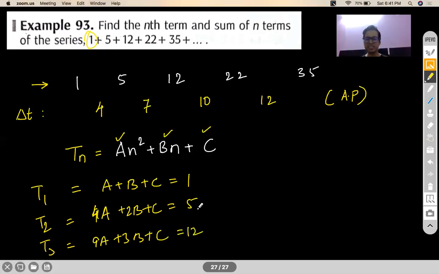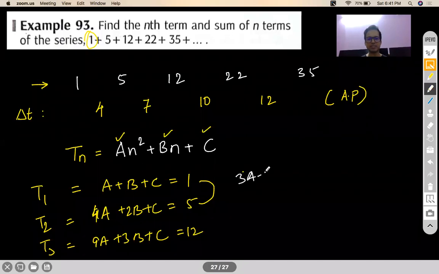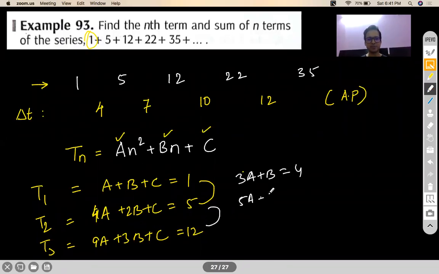Now, many of you would be thinking, 3 equations, 3 unknowns, how do I solve it? This is very easy to solve. Just take the difference of these two. You get 3A plus B is equal to 4. Take a difference of these two, you get 5A plus B is equal to 7. Again, take a difference of these two, you get 2A is equal to 3. So A will become 3 by 2.